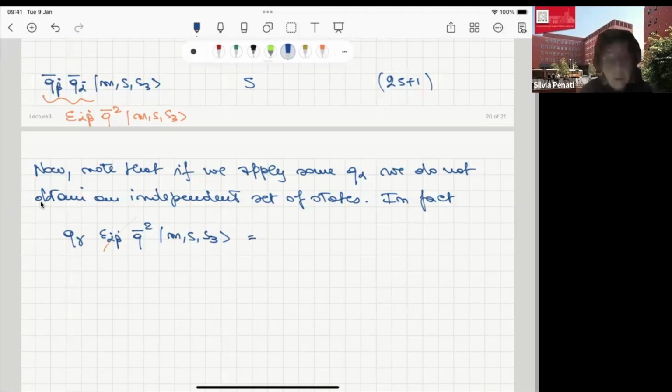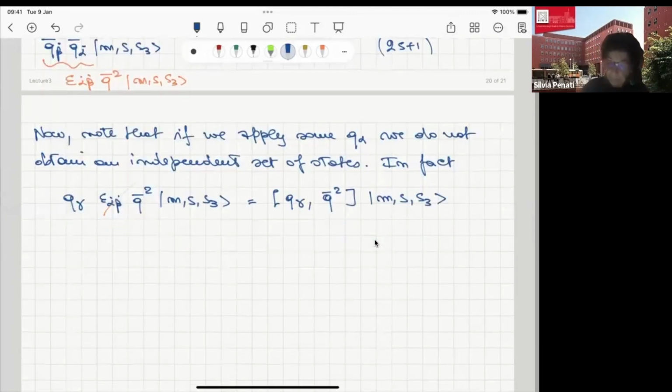Since Q kills this, remember, this is the Clifford vacuum, so Q kills this state, I can always rewrite this expression as the commutator of Q with Q bar square. Because if you expand the commutator, you will be back to this term minus Q bar square Q, which is 0. However, if you use the algebra, this term is proportional, up to some sign or some factor.